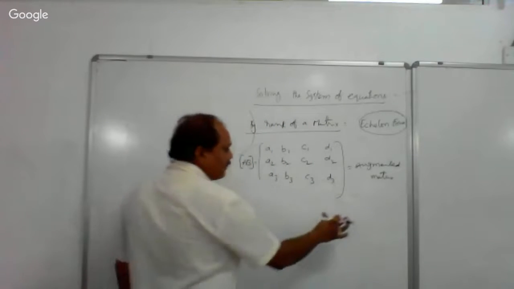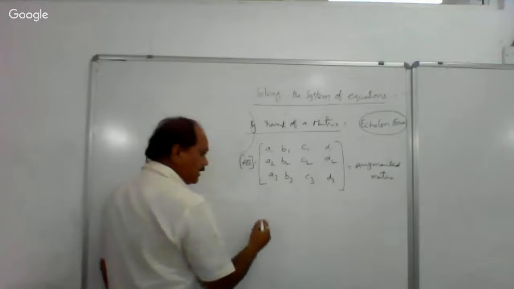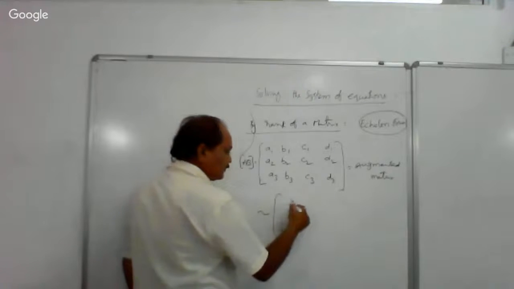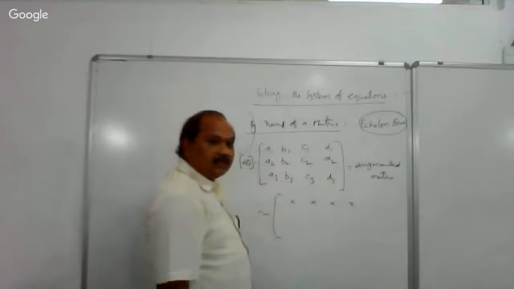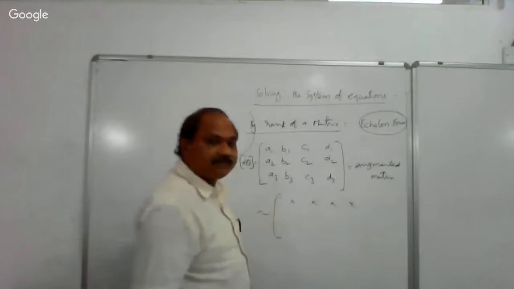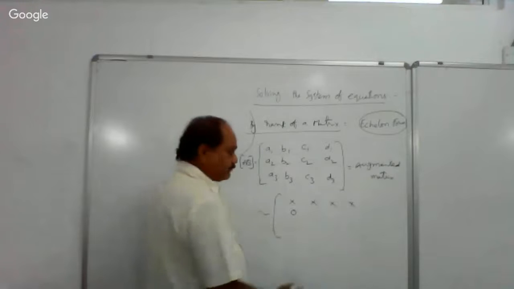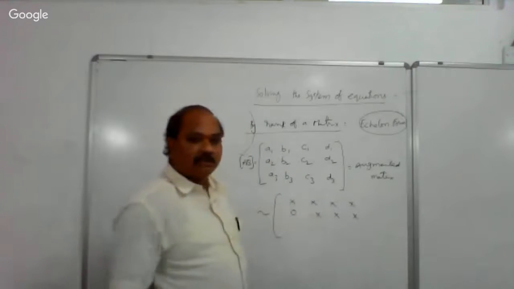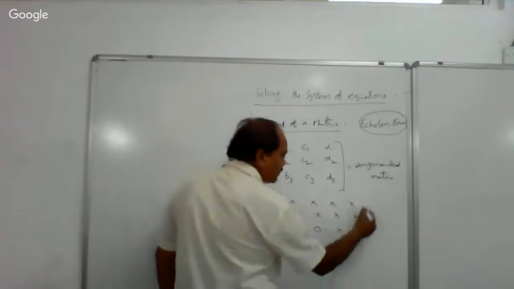Here echelon form means it is in the form of, in the first row, generally it starts with 1, 0. Here we have some other numbers. Here we have 2 zeros.